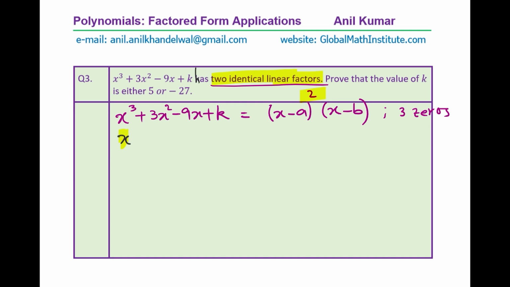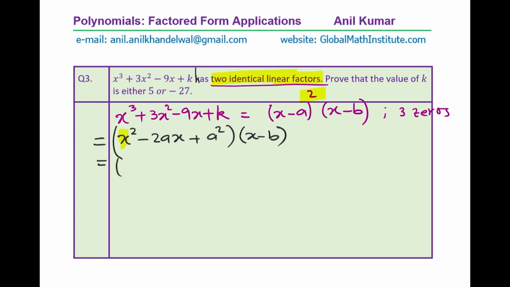So we have (x minus a) whole square, which means x square minus 2ax plus a square, and we are going to multiply this by (x minus b), right?